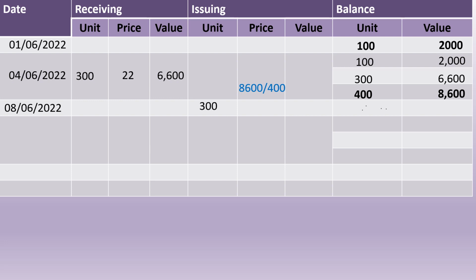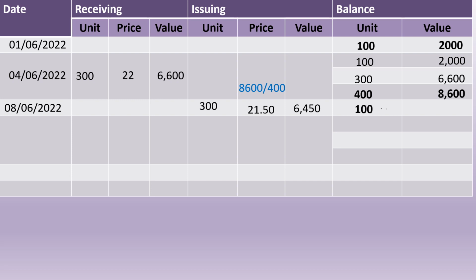which is 8,600 divided by 400. So the price, to two decimal places, is 21 rupees and 50 cents. So the total value is 6,450. To get the balance, from the 400 opening balance, we are going to deduct this 300.